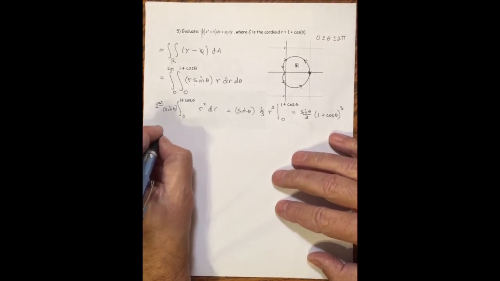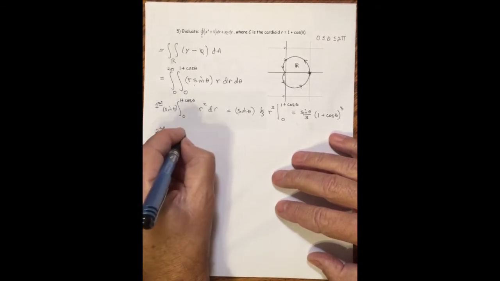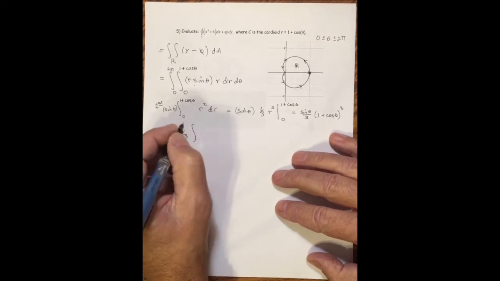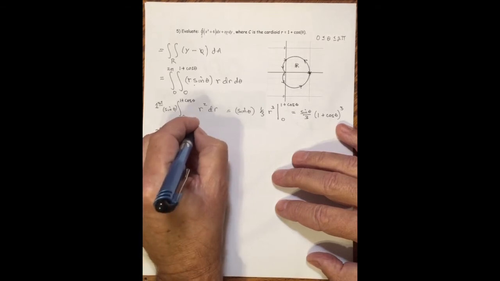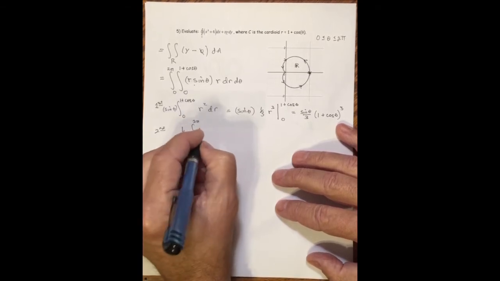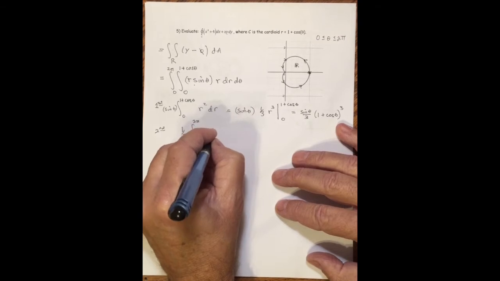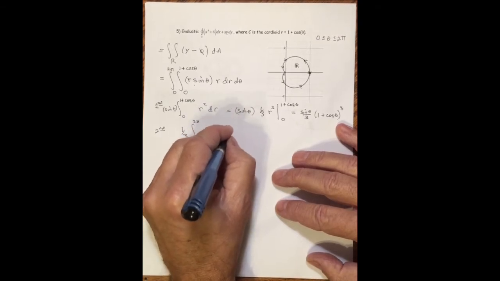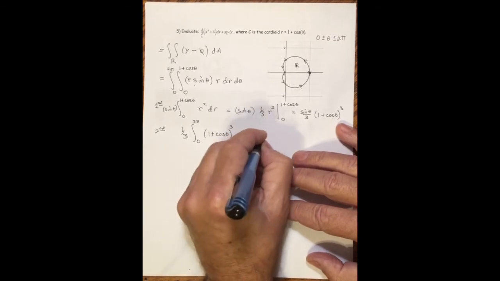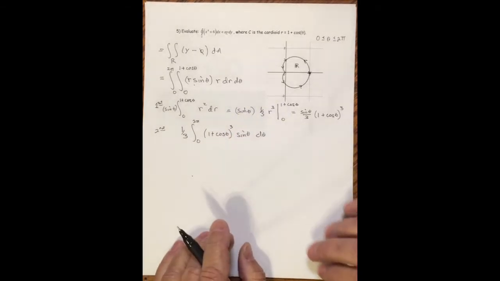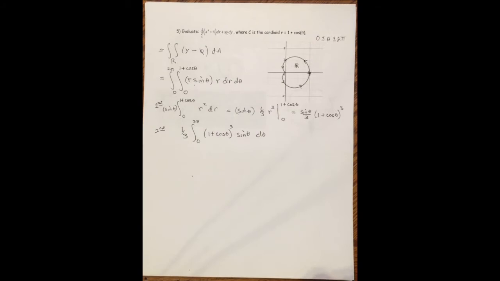Now the second integral, I'm going to take the 1/3 out, and I'm integrating from 0 to 2 pi, and then what I have to integrate is 1 plus cosine theta cubed sine theta d theta, and that's not bad, is it?